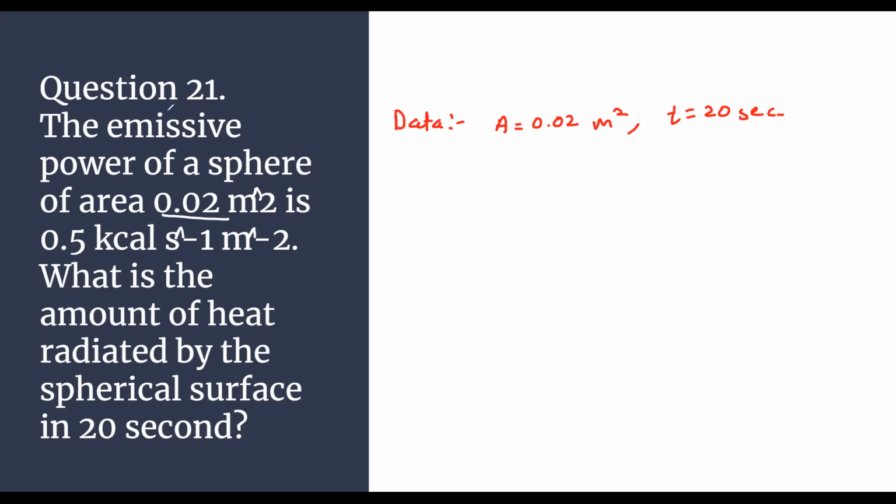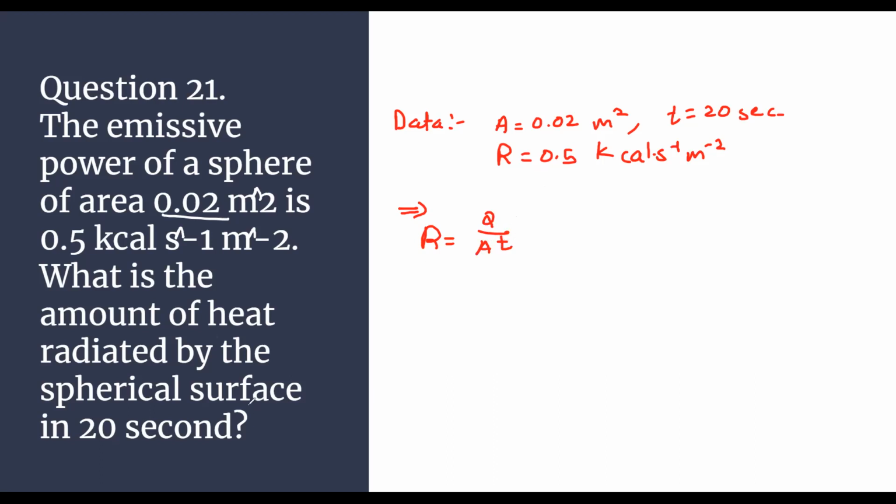then emissive power R is equal to 0.5 kilocalorie second raised to minus 1 and meter raised to minus 2. Now the formula for emissive power is R is equal to Q upon AT.